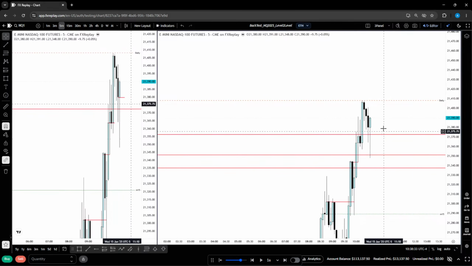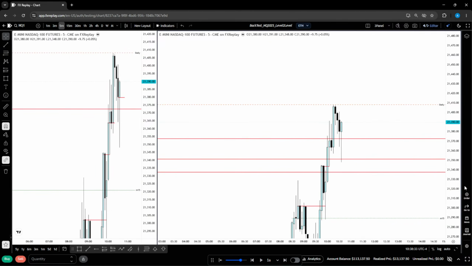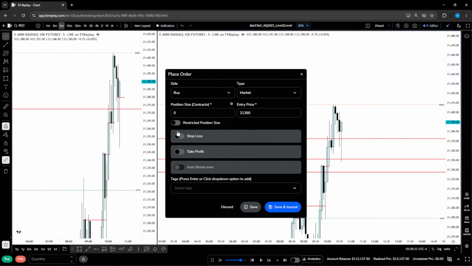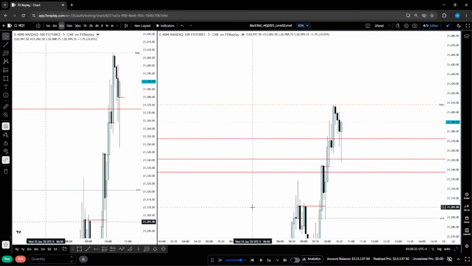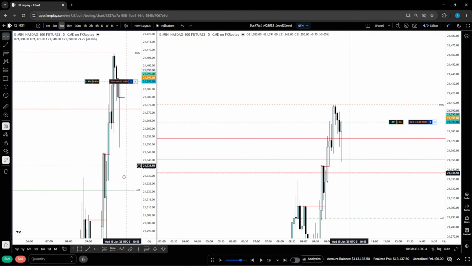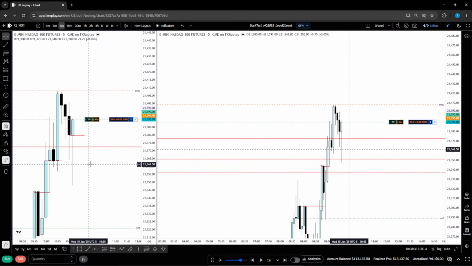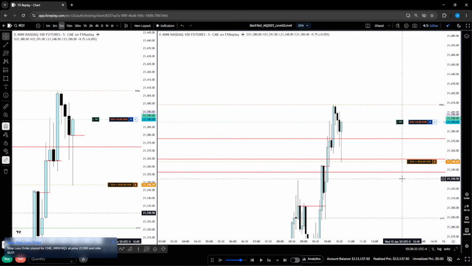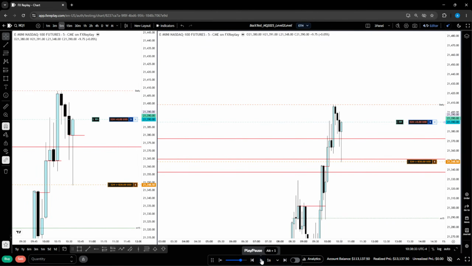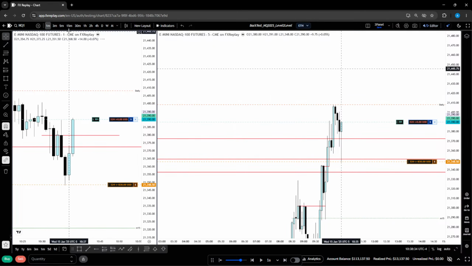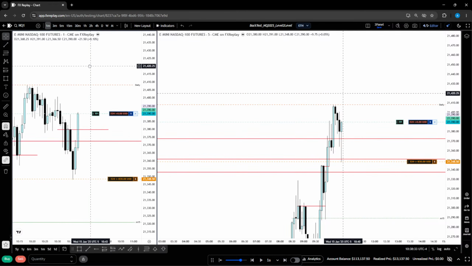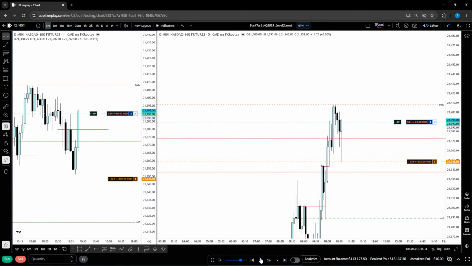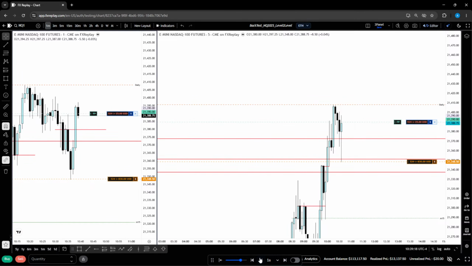Alright, we may be testing that level so we can go back in again. It's a little bit messy. I don't want to go below this guy again. I don't want to come back down here at all.